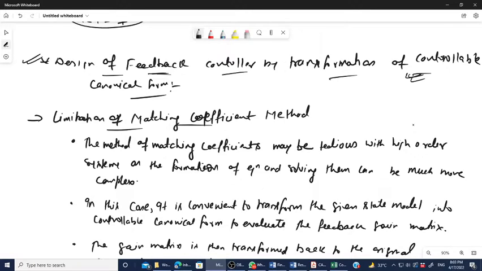Before starting the lecture, again I am appealing to my students. If you have not gone through my previous lectures, it is my request to go through them in order to build up all the concepts of modern control systems, the basic building blocks such as controllability, observability, the different types of homogeneous and non-homogeneous equations, their solutions, forcing function and non-forcing function, and so on.